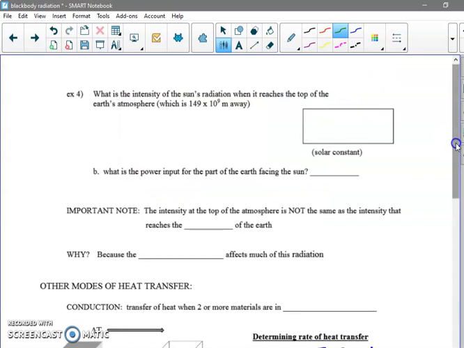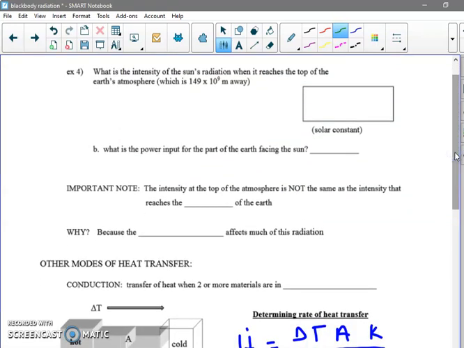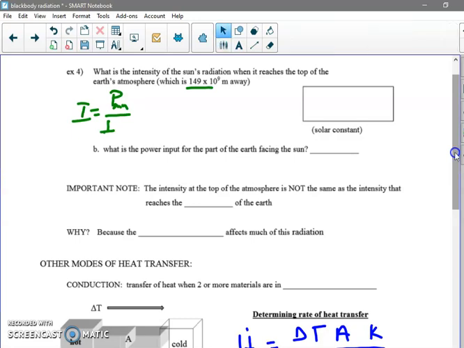Okay, so let's finish up with an example. What is the intensity of the sun's radiation when it reaches the top of our Earth's atmosphere? In other words, the Earth is this far away from the sun on average. So we can say that the intensity is, by definition, the power output of the sun divided by the area. Not the area of the sun, and not the area of the Earth.